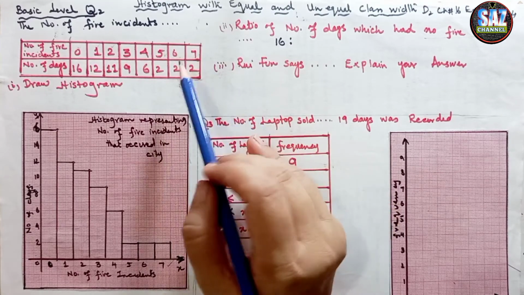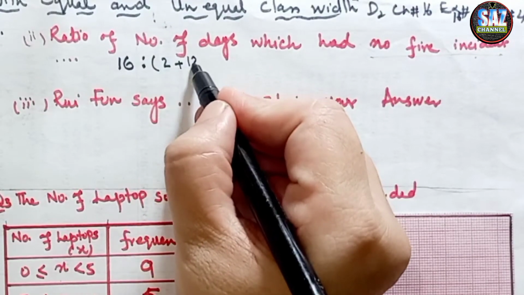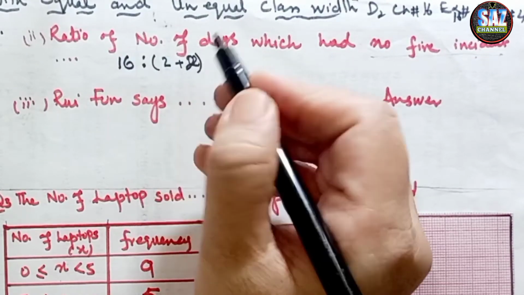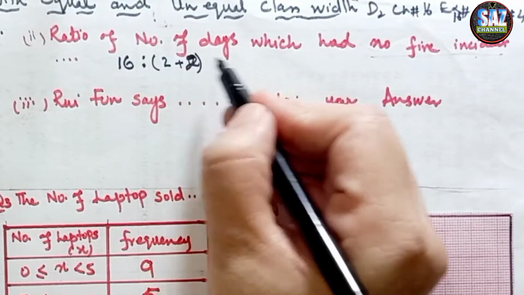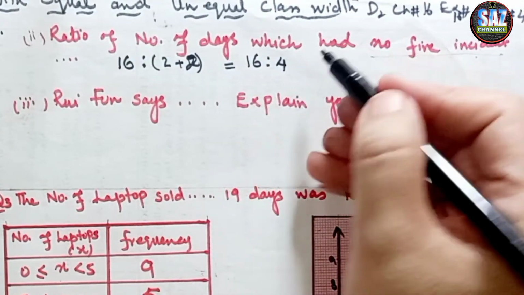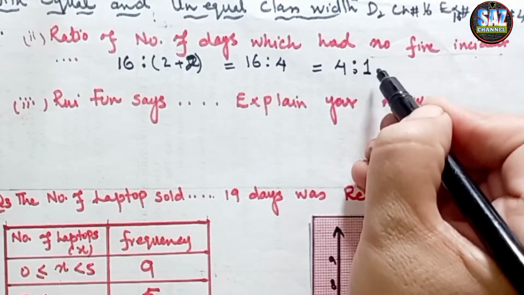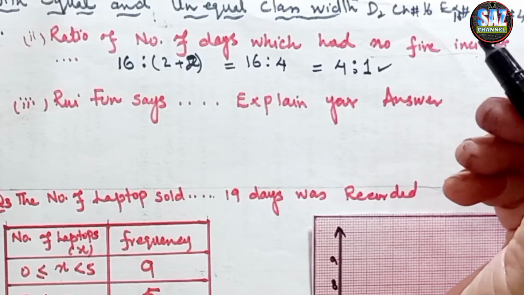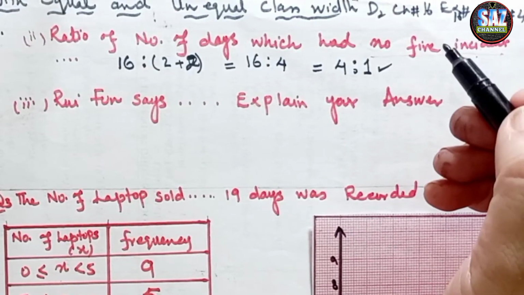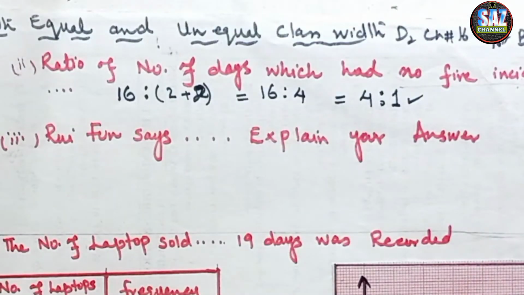So 16 ratio 2 plus 2, or this can be 16 ratio 4, and 4 fours are 16, so 4 ratio 1 are the number of days for which we have no fire incident, to the number of days when we are having more than 5 fire incidents.